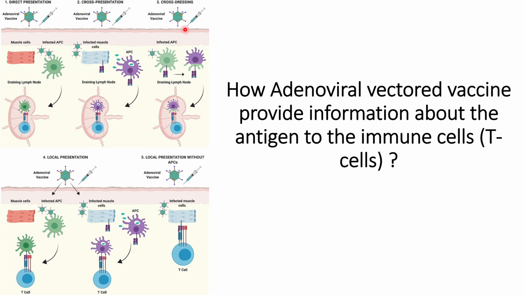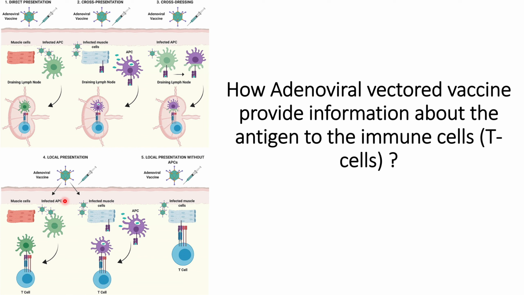In the case of cross dressing, the antigen presenting cell that is infected with the adeno associated virus provides information to the naive antigen presenting cells that will then move those antigen information to the T cells in the draining lymph node.